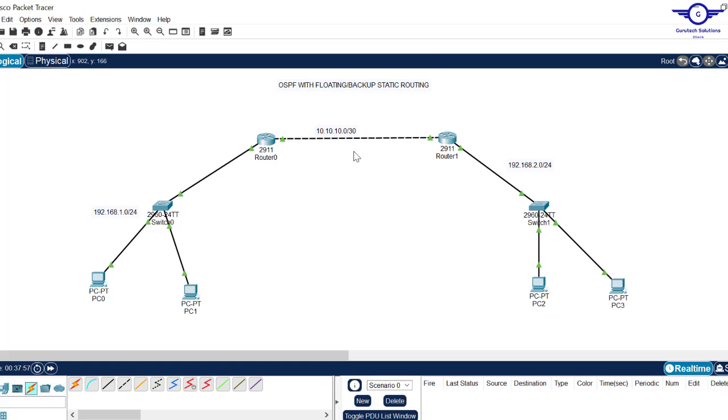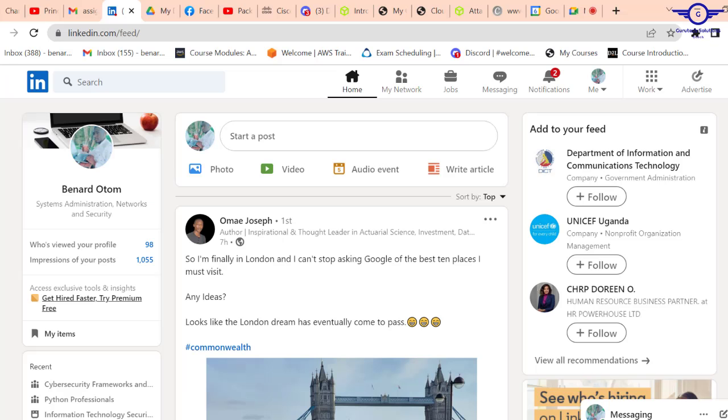So to make OSPF be the primary routing protocol, we must configure a backup static route with a higher administrative distance. We've known that OSPF has administrative distance 110.